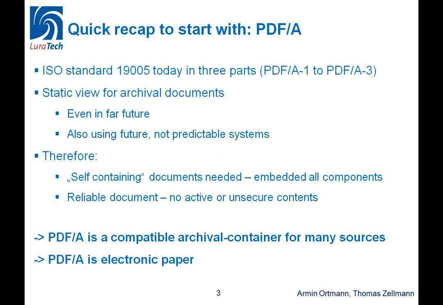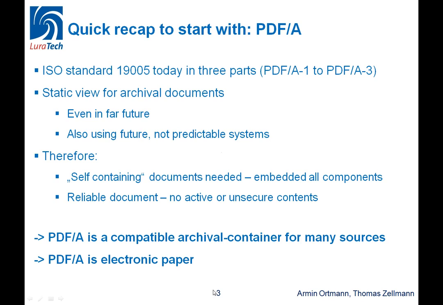And the other one, to make it a reliable and safe document, is that things which may endanger this goal are forbidden, and examples are active documents. So if you think of PDF, you may have seen this, you may have JavaScript, which are really small or even extended programs within a PDF file, but this is dangerous and therefore forbidden, or other unsecure content is not allowed in a PDFA file.